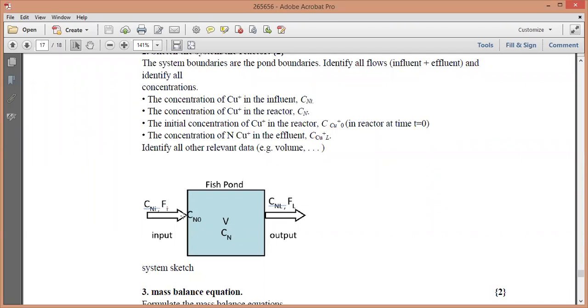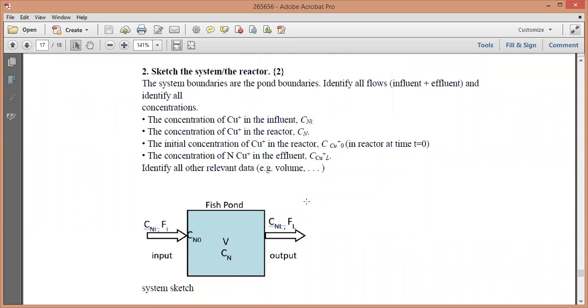So inside our reactor, what do we have? We have the CU0, okay? This is at time equal to 0, so copper will be equal to 0. Then you have your volume, which is fixed, and your CU at a certain time, at T equal to T, for example.